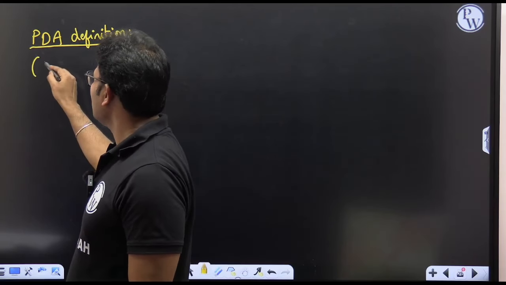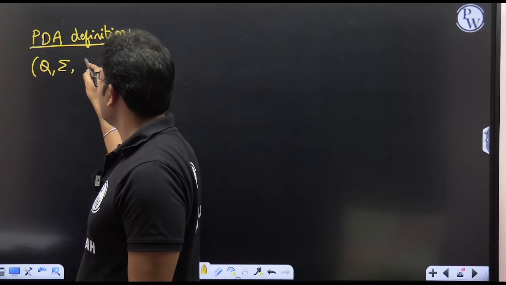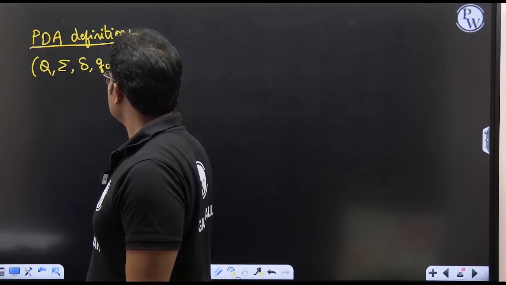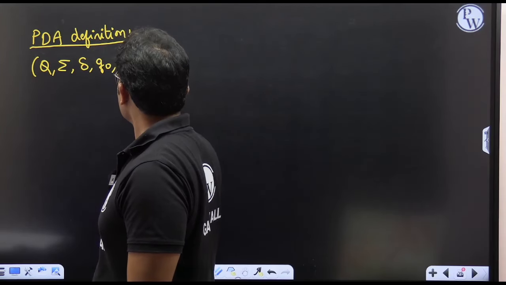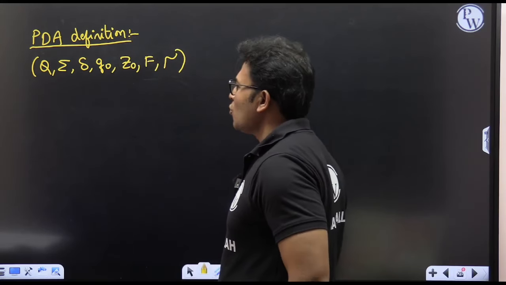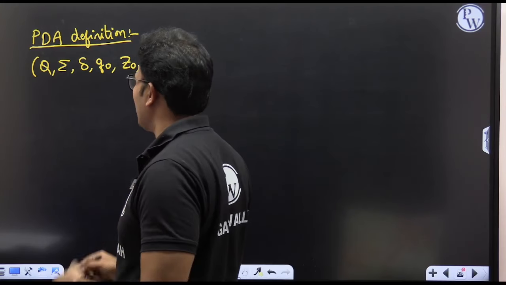So the PDA definition is Q, sigma, delta, q naught, Z naught, F and tau. You know most of them already from regular languages, DFA and NFA, right?